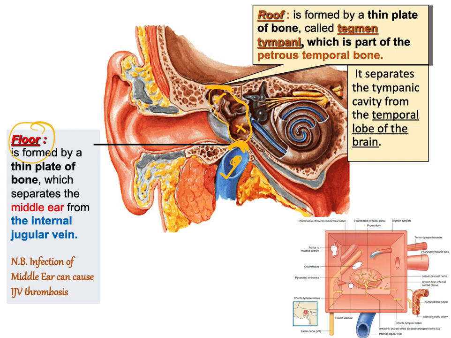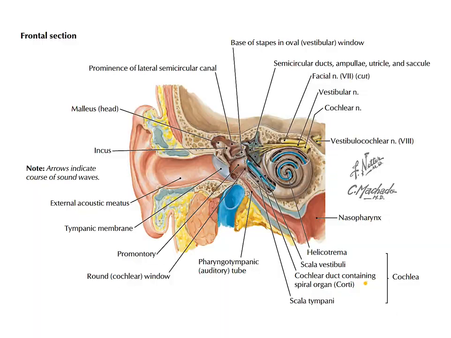No, it separates the middle ear from the temporal lobe of the brain. So that's interesting. We finished the roof and floor. Look at the floor, the internal jugular vein related to it.